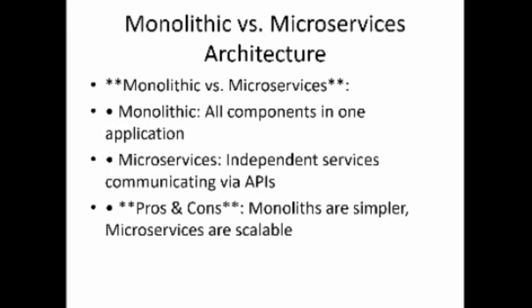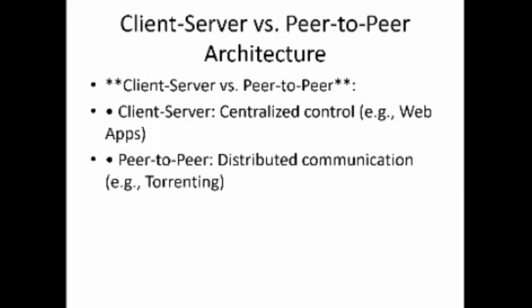In monolithic, the structure contains all the components in one application. But in microservices, the services are independent and communicate through APIs. Its pros and cons: monolithic is very simple, so it's easy to design. But microservices are scalable.